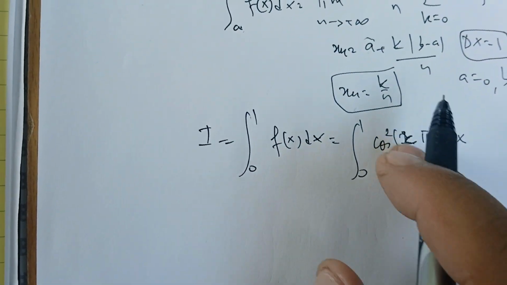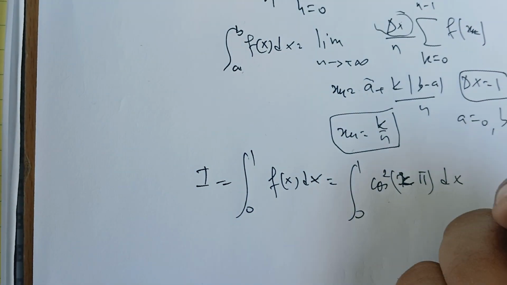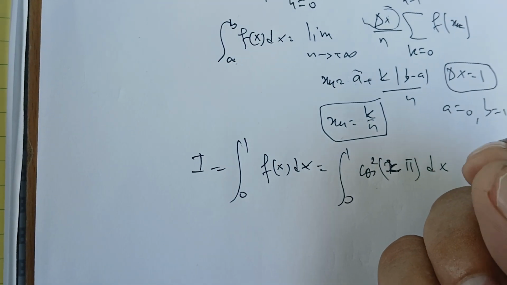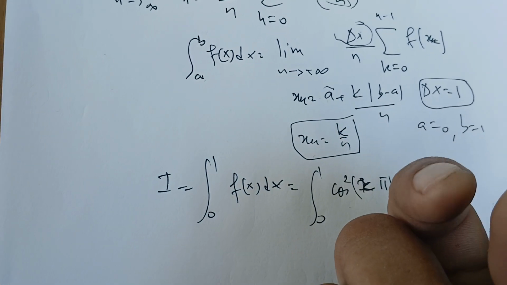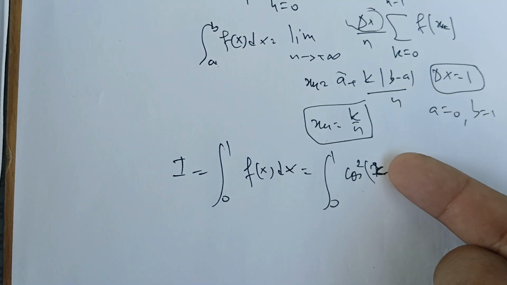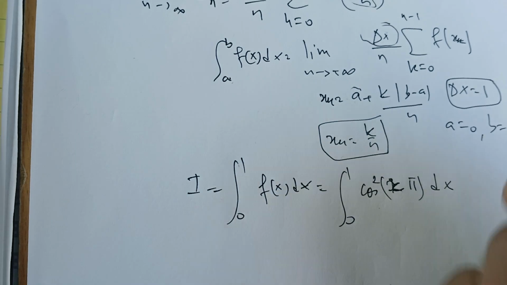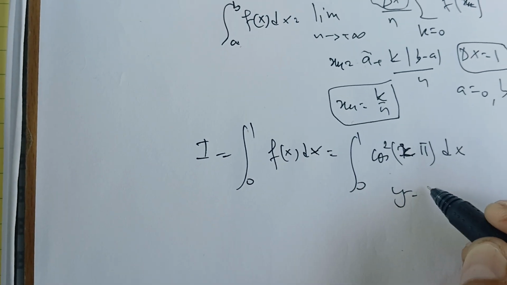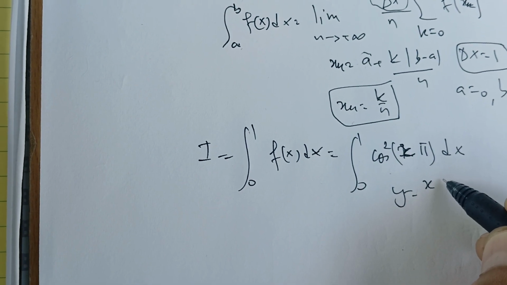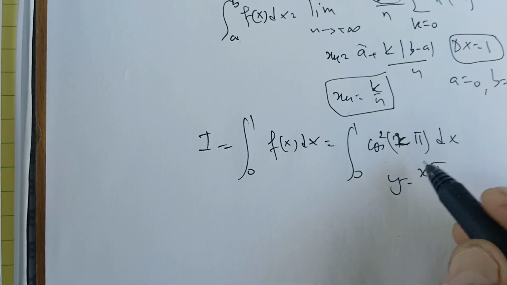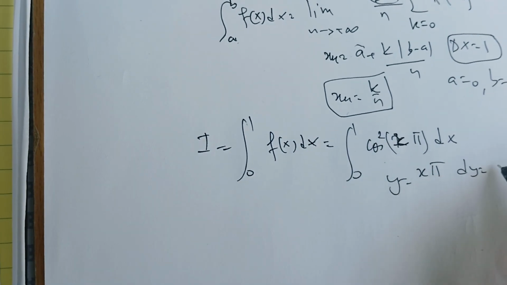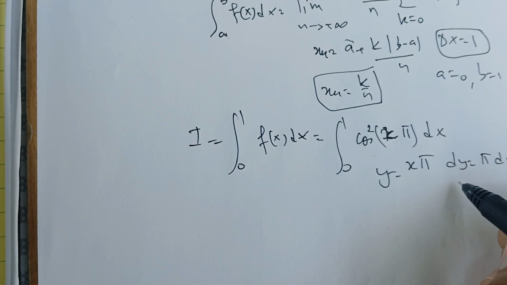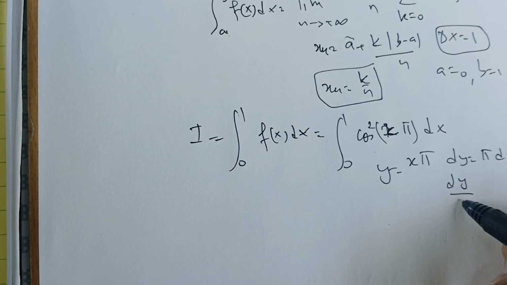And I can do one more change of variable here. I can compute directly, but I can let y equal x pi. In this case, I have dy is pi dx, and therefore dx is dy over pi.